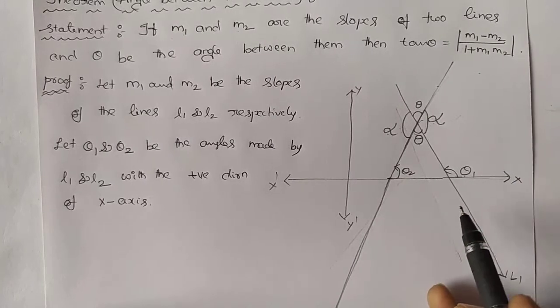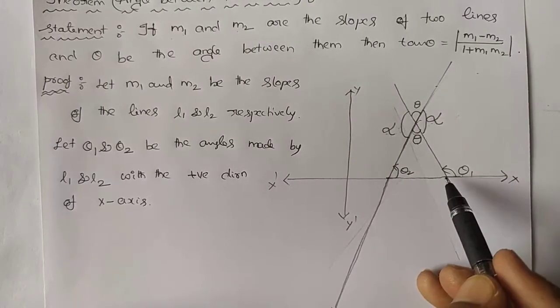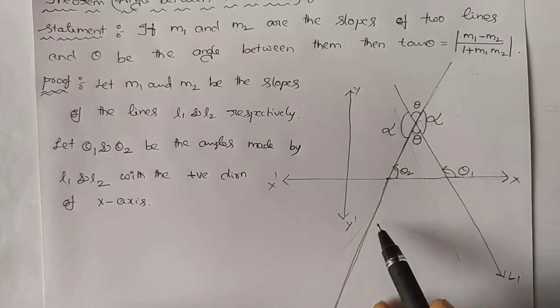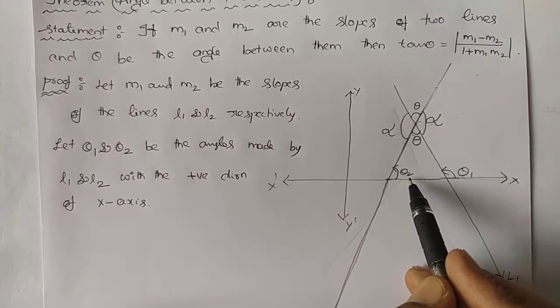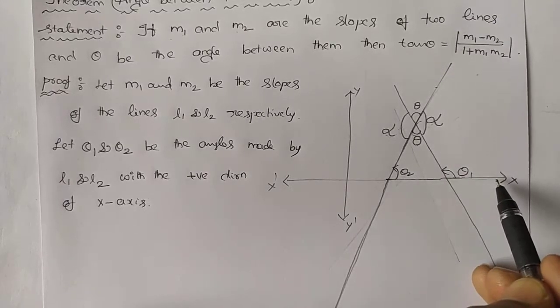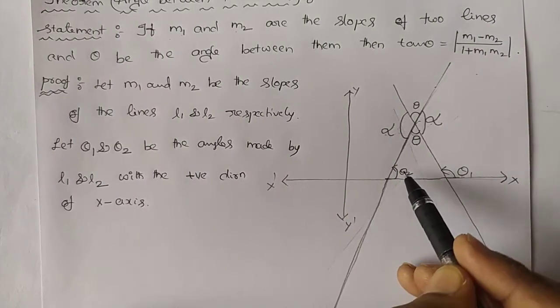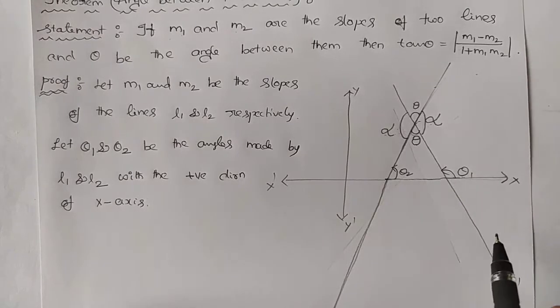Two things I said: one is slopes, L1 slope is m1 and L2 slope is m2. Next, theta 1 and theta 2 are the angles made with the positive direction of the x-axis by L1 and L2.